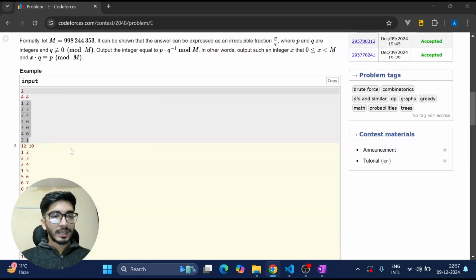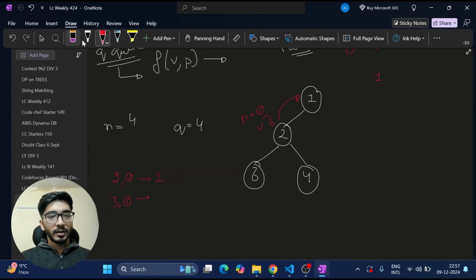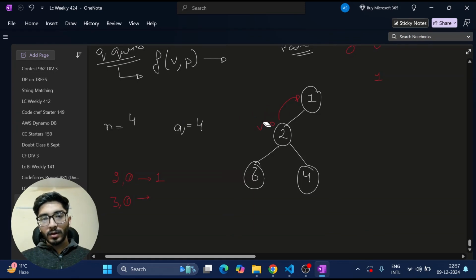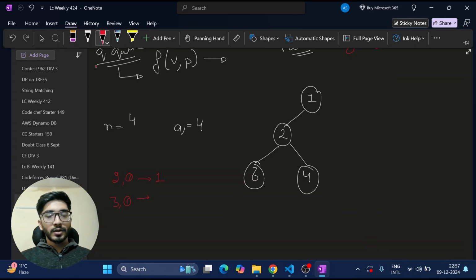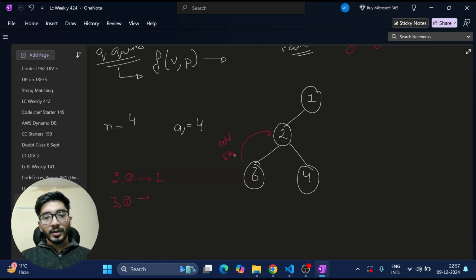Second query is 3 comma 0. From node number 3, in the very first step, we'll move to node number 2 because this is our odd step, which is our first step.